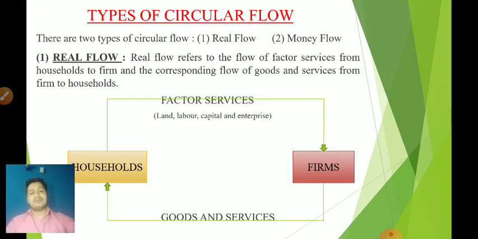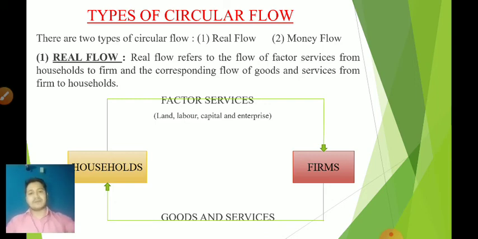Now in the diagram, you can see that from household, all the factor services, like land, labor, capital, entrepreneur, all these are different factor services. When all these factor services are supplied from household to the firm, on behalf of these factor services you get goods and services.